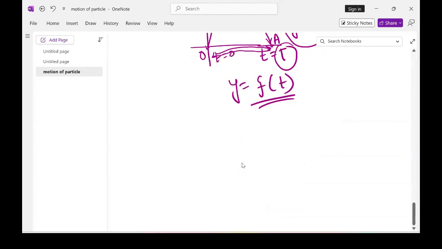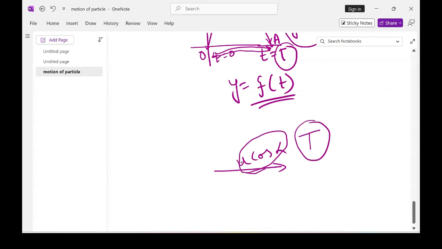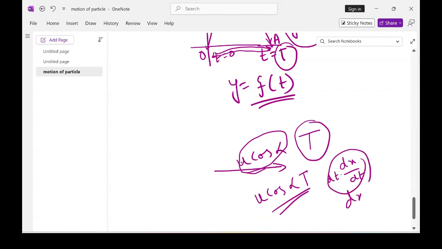Let me just draw it a bit. So along this, it was u cos alpha. And you have moved with this velocity for the entire time T. So what should be your displacement along the x-axis? u cos alpha into T. You can also think of it like this: dx/dt, for dt time, you will also get dx like that.